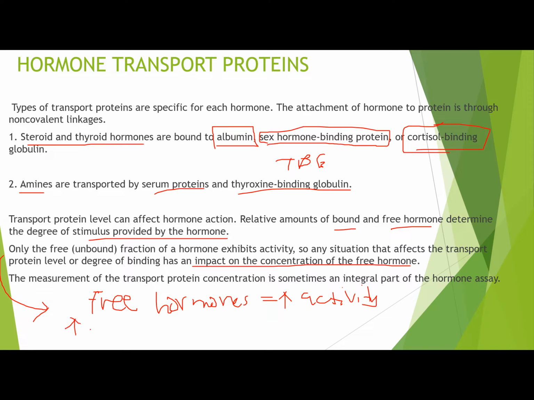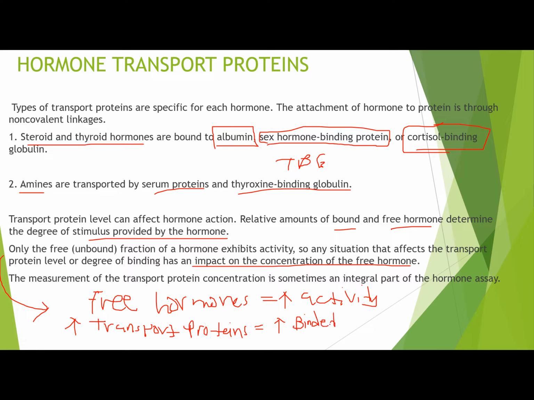Now, if there are too many transport proteins, what happens, class, is that it would cause an increase in binding, increased bound hormone.